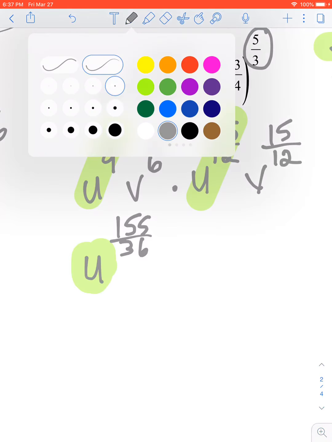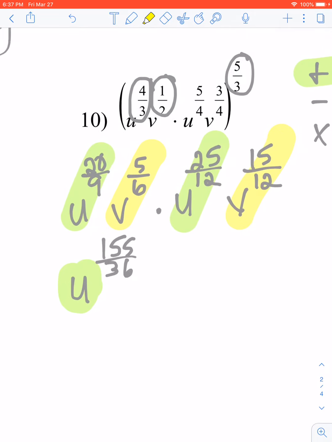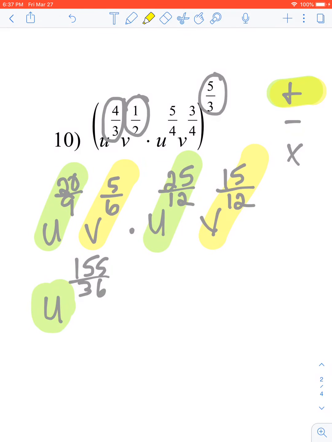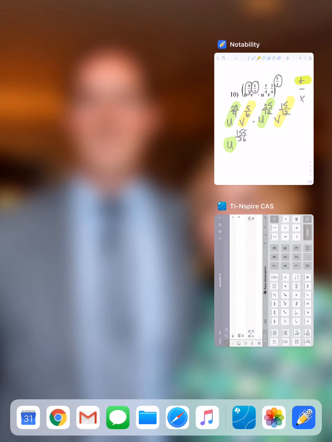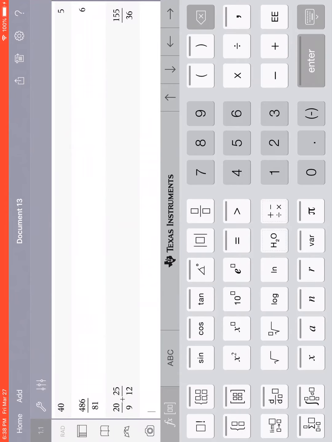But now, friends, we need to talk about the v family. And the v family, I have 5/6 and 15/12. Again, it follows the pattern of I have to add them. So I need to add 5/6 plus 15/12.